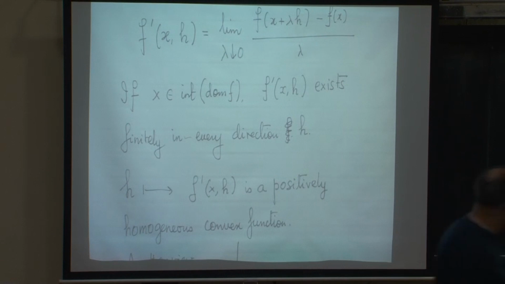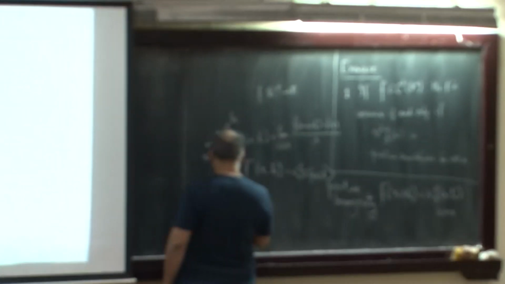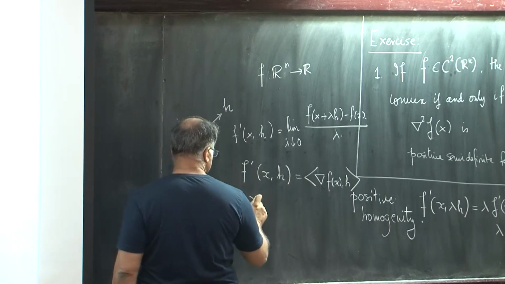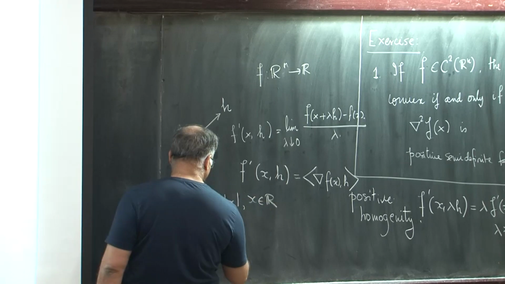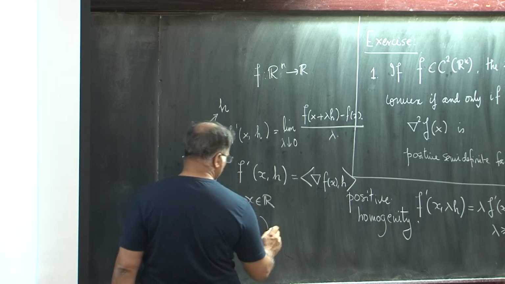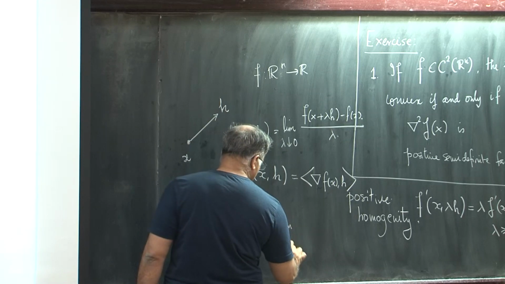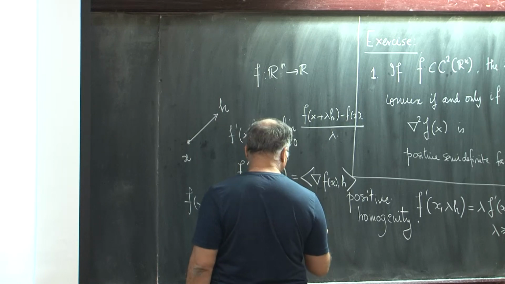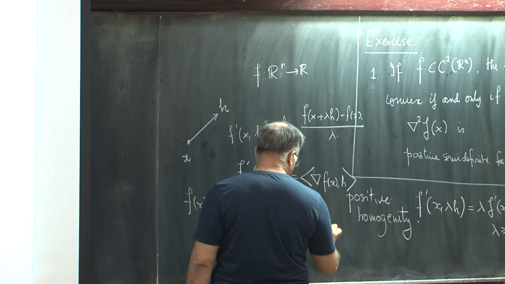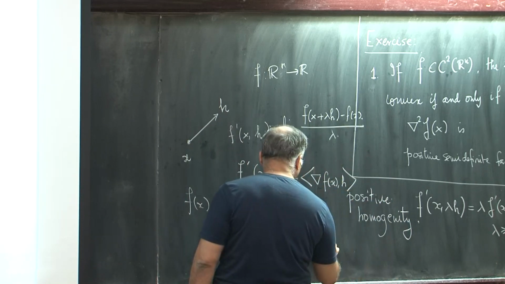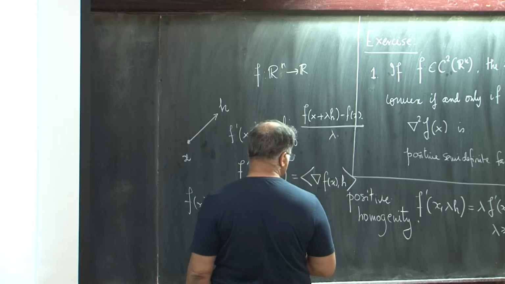For example, if you want to calculate, take the function f(x) equal to the modulus of x, x in the real line. You want to calculate f' at 0. At 0 you do not have the derivative, so the directional derivative in direction h is the limit as lambda tends to 0 of f(0 + lambda h) minus f(0), which is 0, divided by lambda. So it becomes mod lambda h by lambda.